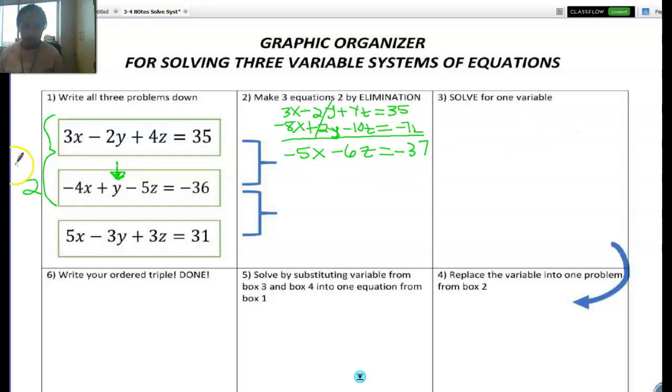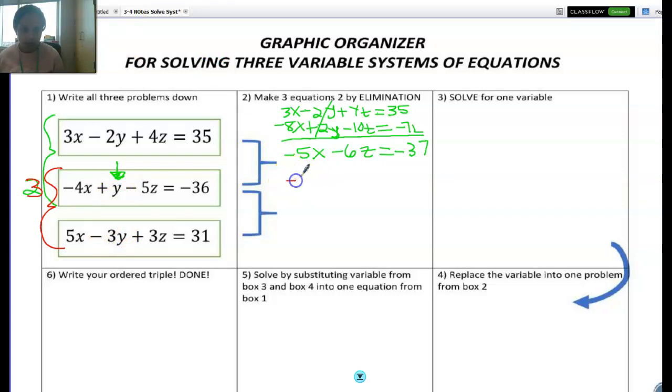So now let's look at our second set of equations. I'm going to use these two. Again, I'm using this because I can take this y in the middle, and this time I can multiply this line by 3, and then it would cancel out with the y's on the next row. So let's see how that would look.